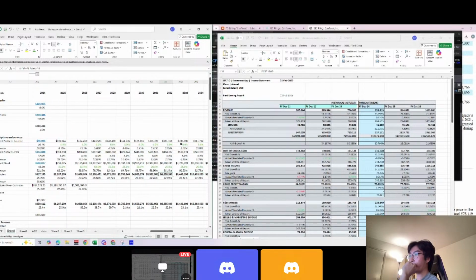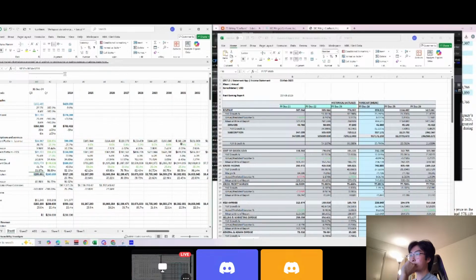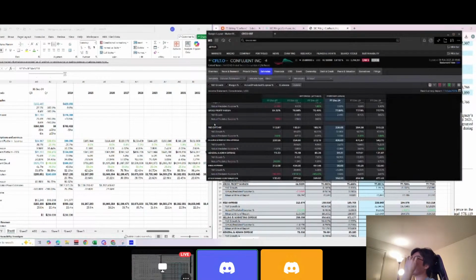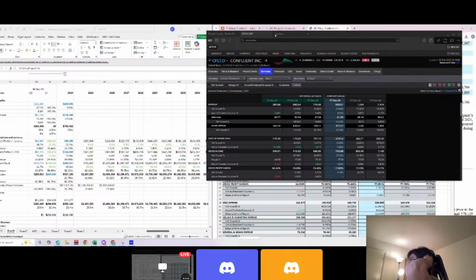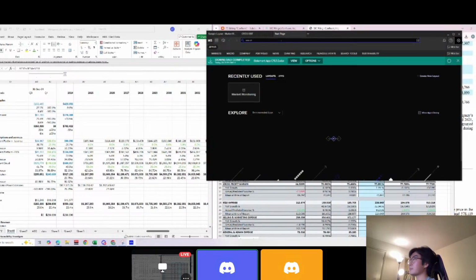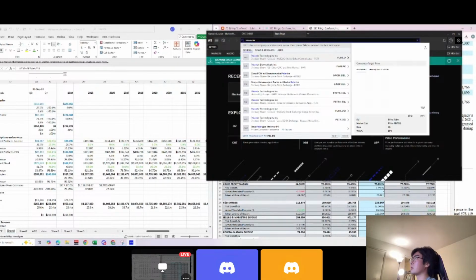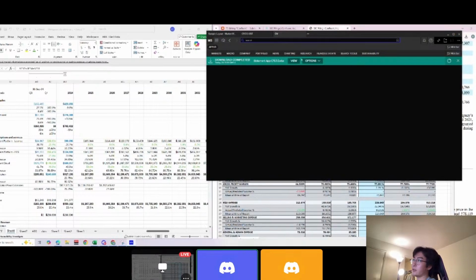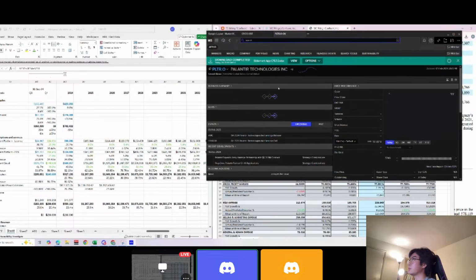Okay. So 50%, 31% growth might be a bit unreasonable. Maybe. I think if you look at Palantir here, right now they're trading at like a 60x revenue multiple.